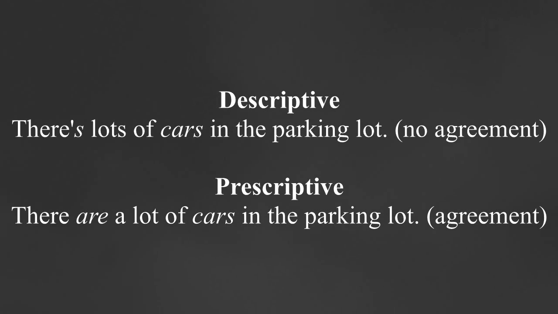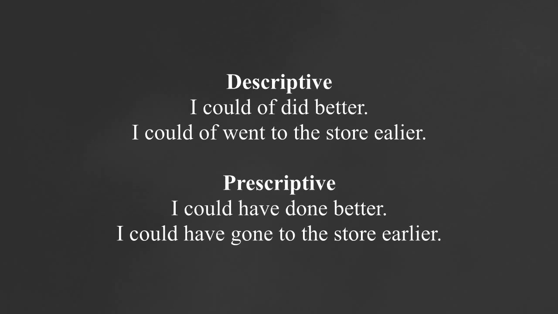One thing you'll see in written internet discourse often, or even spoken much more often than written, is something like, I could have did better, I could have went to the store earlier, as opposed to I could have done better, or I could have gone to the store.